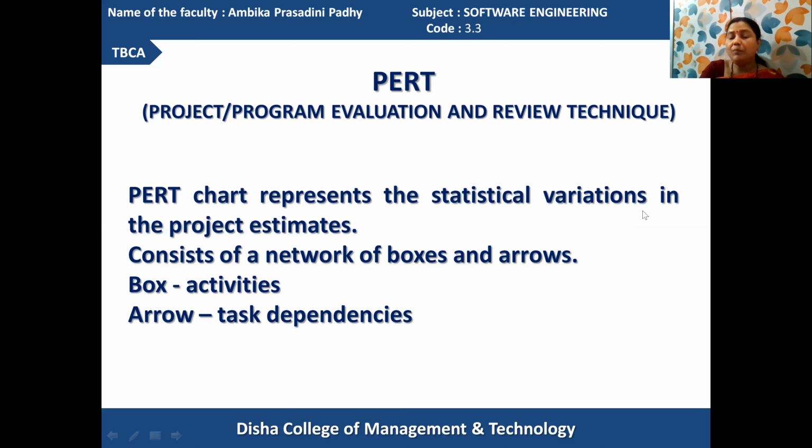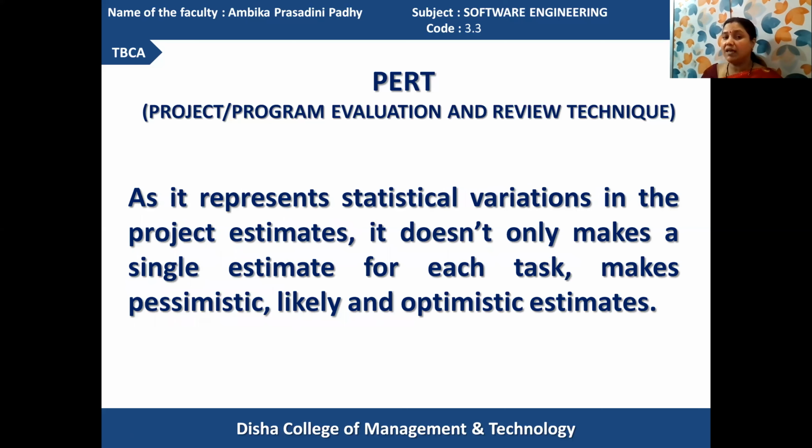So when a task is being executed, the task can be shown from the boxes, and the arrow mark specifies which box is to be executed after which box. It represents the statistical variations in the project estimates and does not make a single estimation.